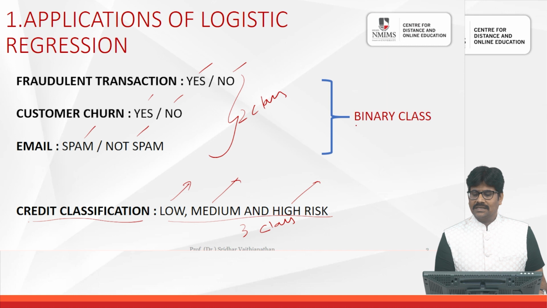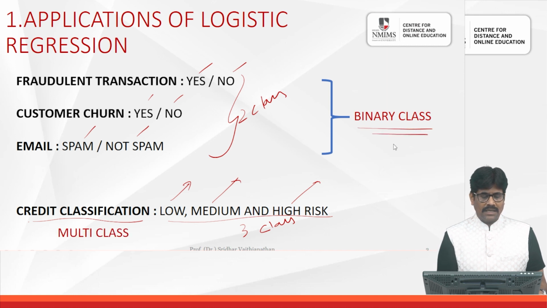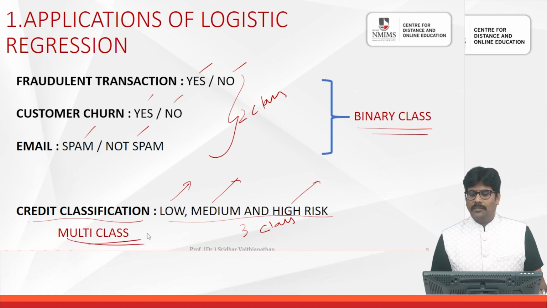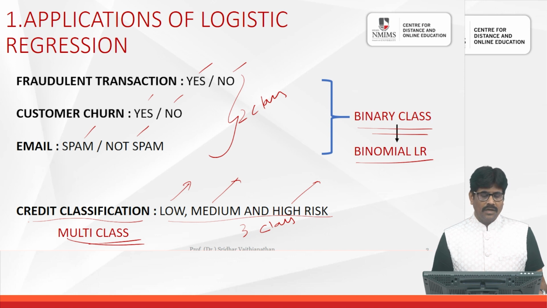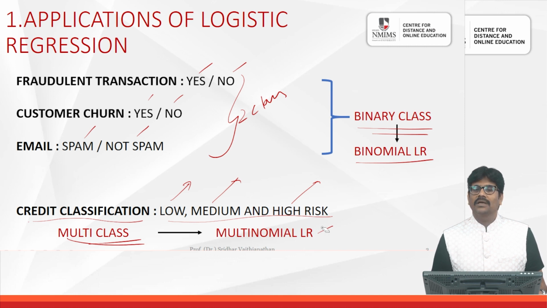The 2-class case is called binary class, and the 3-class case is called multi-class. Where the dependent variable has only 2 classes, we call it binomial logistic regression. When you have more than 2 classes, we call it multinomial logistic regression. So this is a simple understanding of the application of logistic regression, what binary or binomial logistic regression is, and what multinomial logistic regression is.